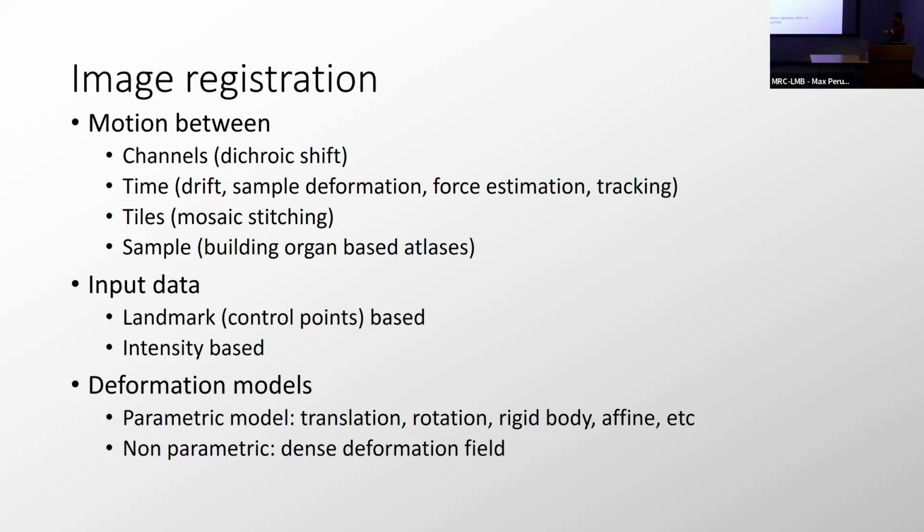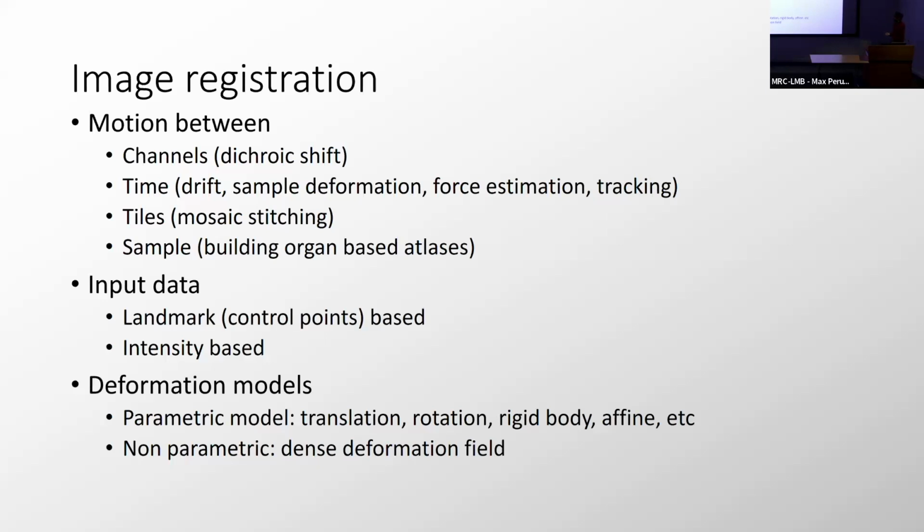Image registration is also required for optimizing stitching when you have a large set of tiles. And maybe you can also register your image to an atlas, a known reference of your organ, for example.